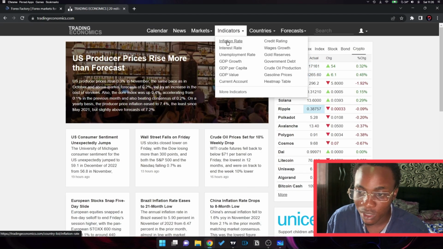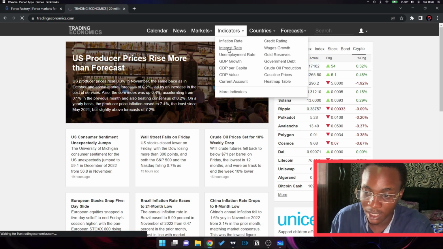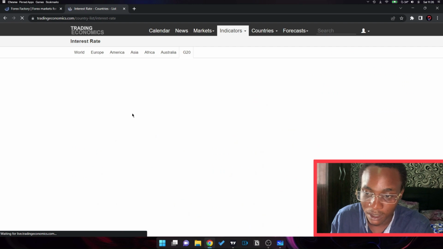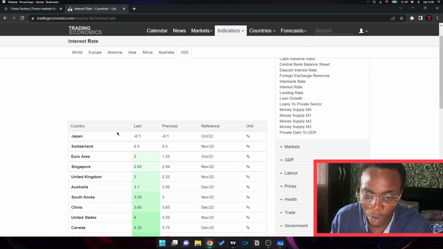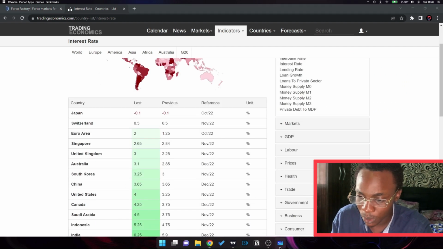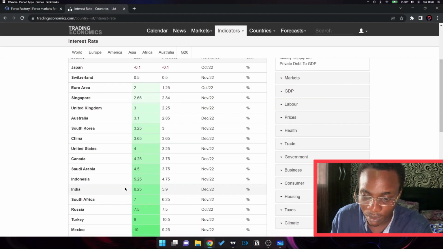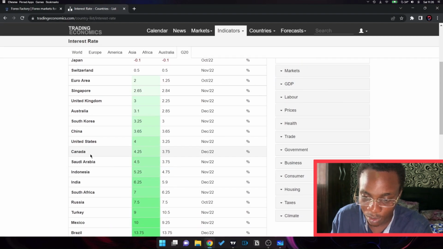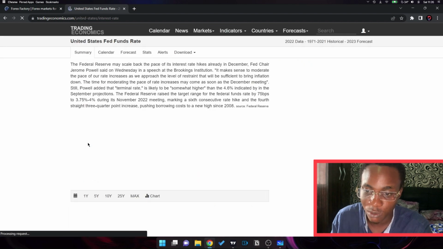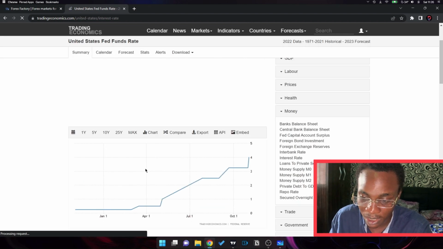If you come to Trading Economics, what do I basically do here? I use the indicators. Let's say interest rate, just interest rate. For the USD, you can select the United States. You should know interest rate over time.